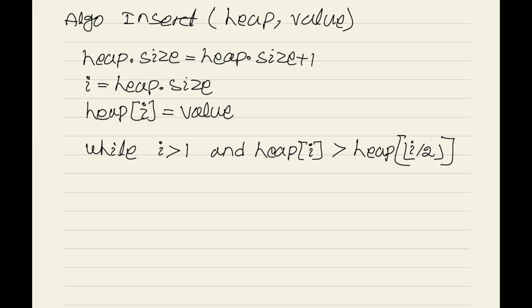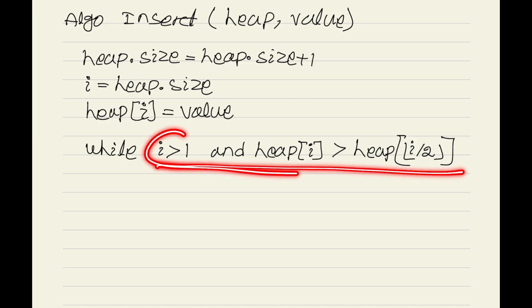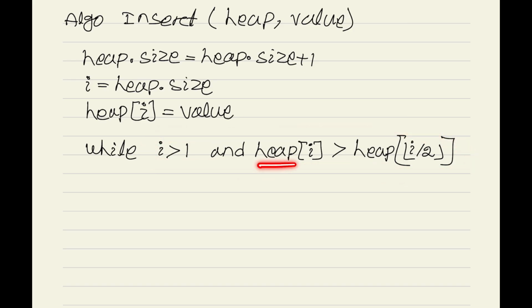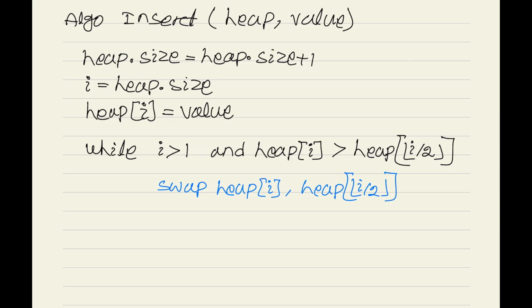So if these two conditions are there, we have not reached at the root and the child of I greater than the parent of I, then we can swap. So let me use a different color here. Swap heap of I with heap of I by 2 floor. Okay, so we have to simply swap.